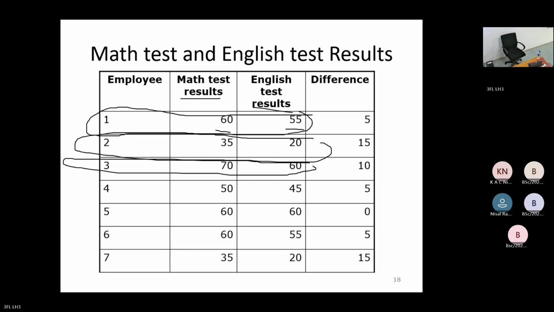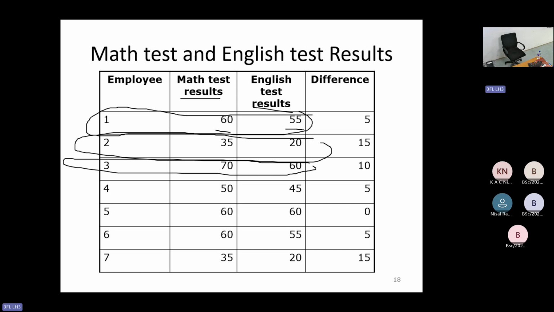No. The same employee has done mathematics as well as English, so 60 and 55 are by the same employee. Each English mark and mathematics mark is paired by an employee.